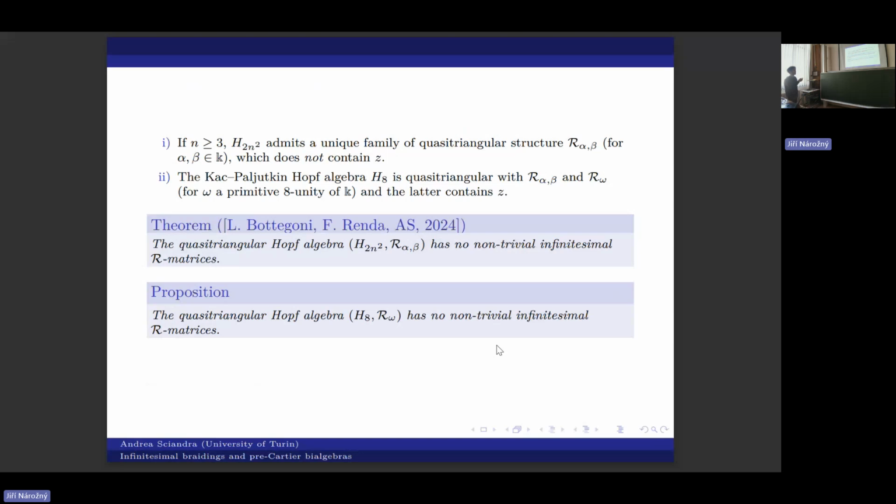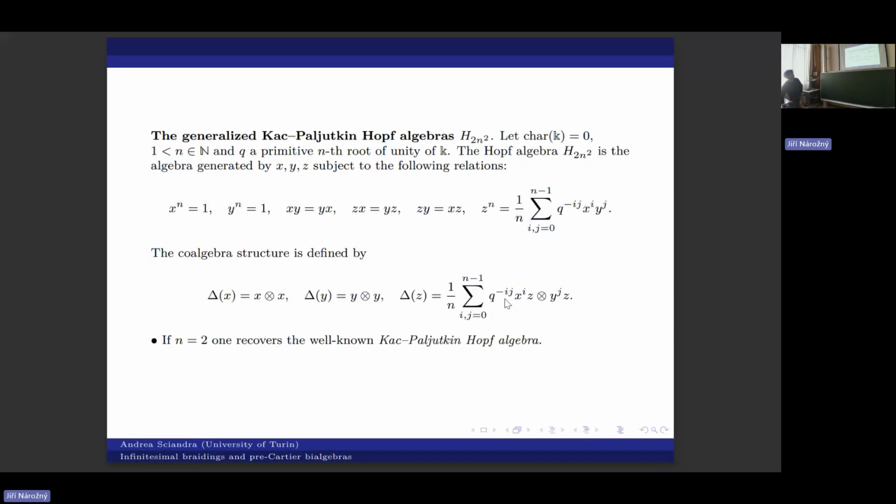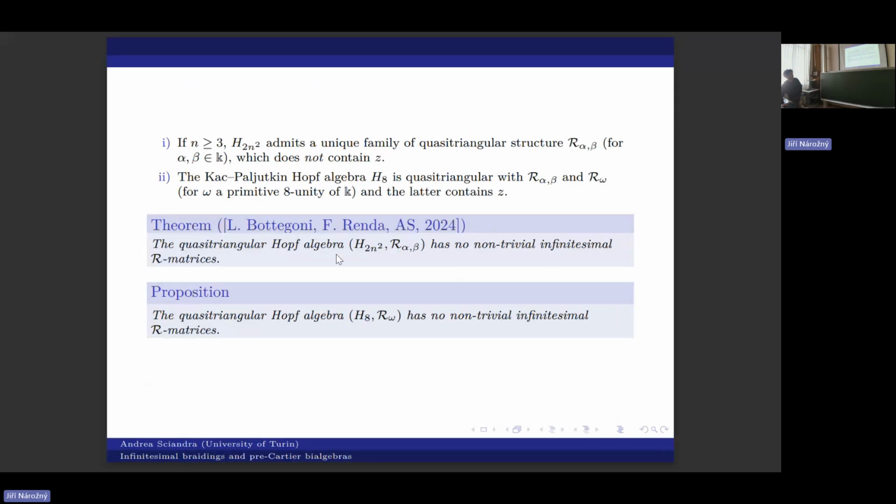And yeah, the problematic part was for this other quasi-triangular structure here, because this one does not contain Z, which, as you can see by this relation, is the problematic part, let's say. It is easy to prove that the only chi is 0, while for this one it is a bit more difficult, but we can use the fact that these kappa-Poincaré algebras are semi-simple, and so 2-cocycles coincide with 2-coboundaries.